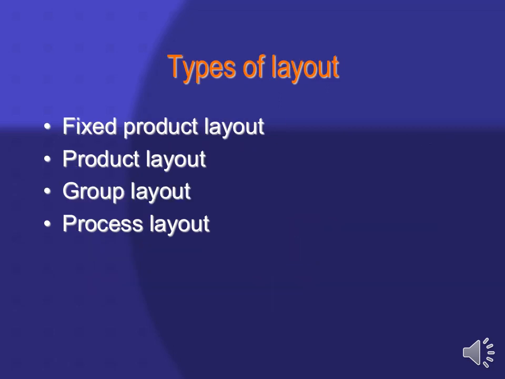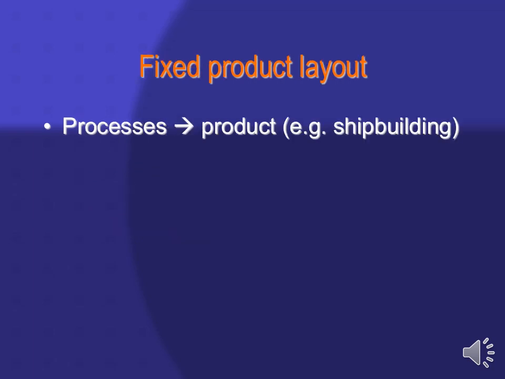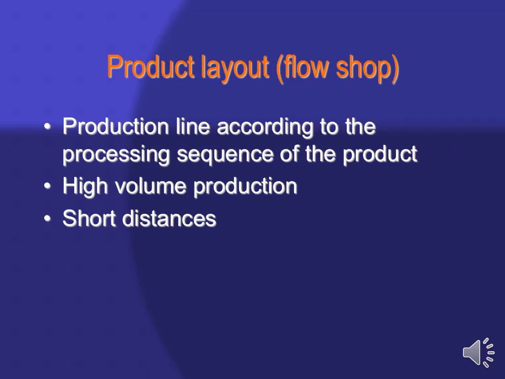Now see how many types of layout there are. There are 4 types of layout: fixed, product, group and process. Fixed layout, that is process to product, example shipbuilding. Product layout, that is the flow shop, production line according to the processing sequence of the product, high volume production, short distance.